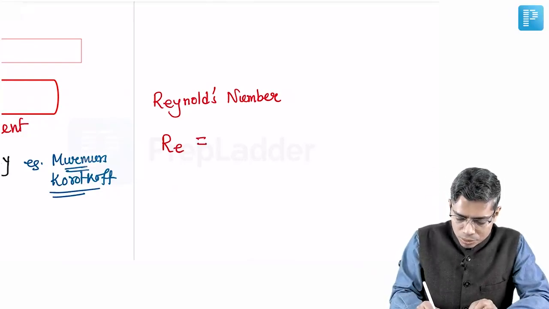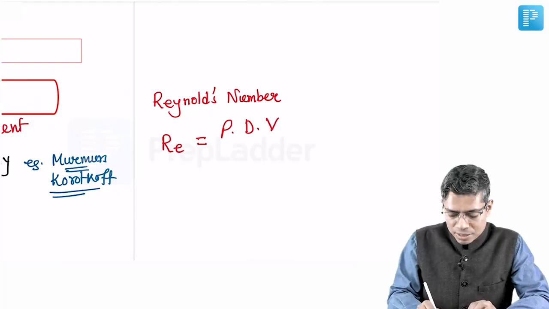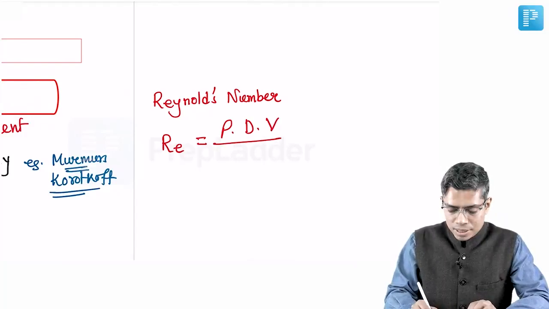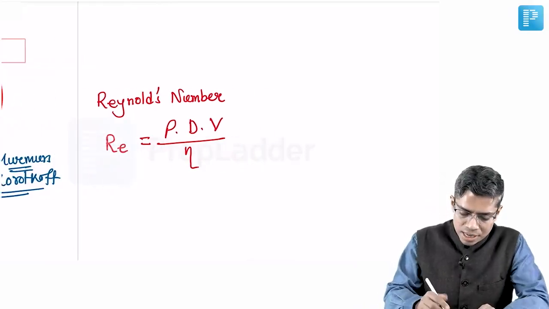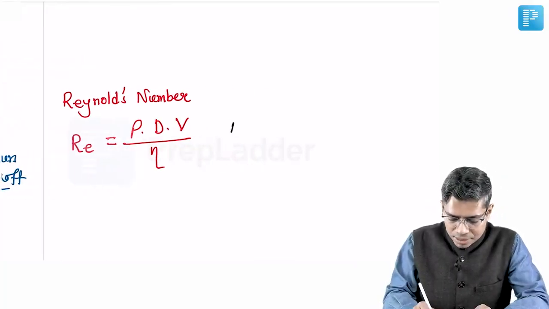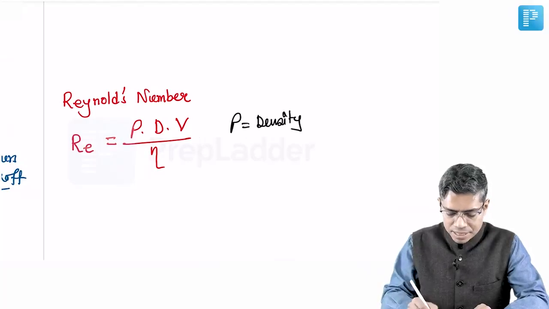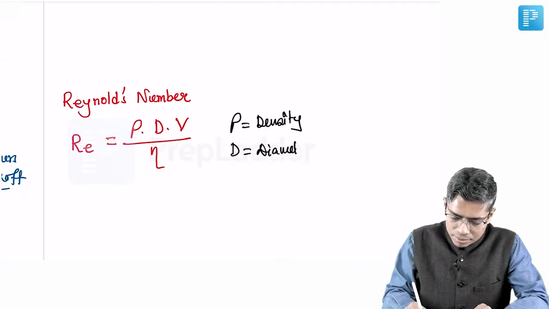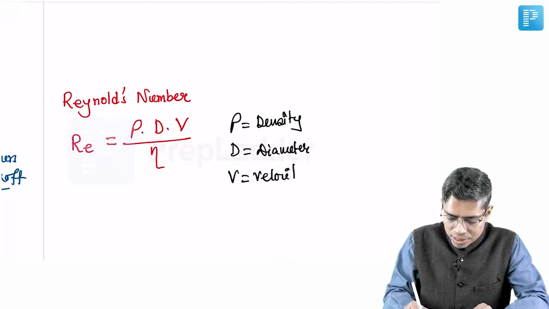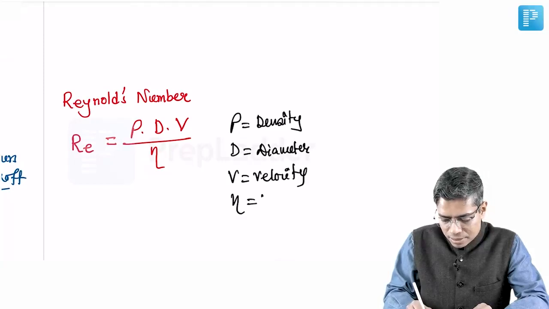Re is equal to rho d V upon eta. Here rho is the density of the blood, d is the diameter of the vessel, V is the velocity of the flowing blood, and eta is the viscosity of the blood.